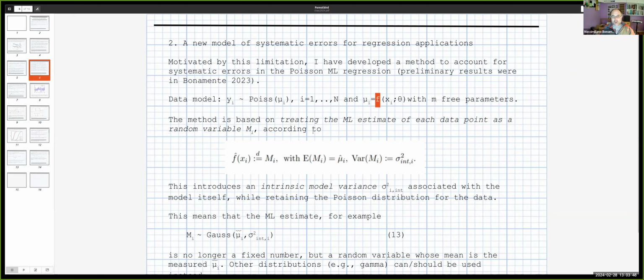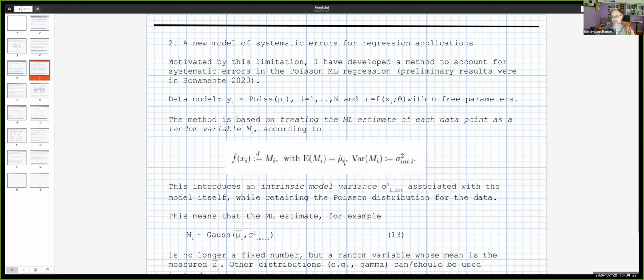Now, after the maximum likelihood regression is done, instead of considering simply the usual estimate mu_i hat at each i, where i represents the ith data point, we can treat it as a random variable itself.